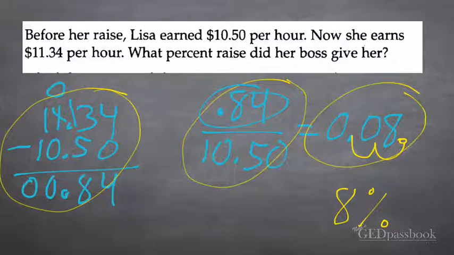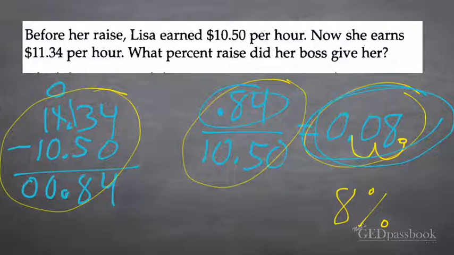You then get that and you always divide by the original. What's the original? My 10.50, right? Whatever number you get when you do that operation, your final step is to convert to percent by always moving to the right 2 places and boom, you got it. You found your percent of change.